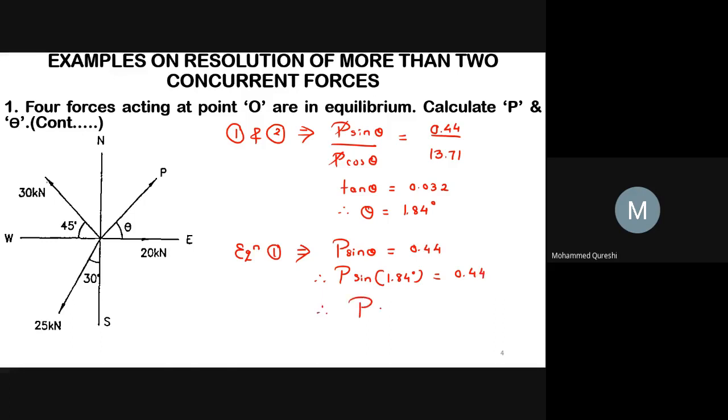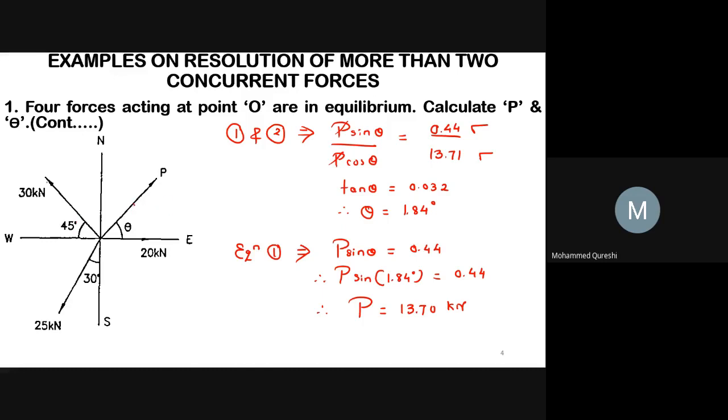Therefore, your P will be 13.70 kilo Newton. And since P sine theta is positive and P cos theta is also positive, both are positive.